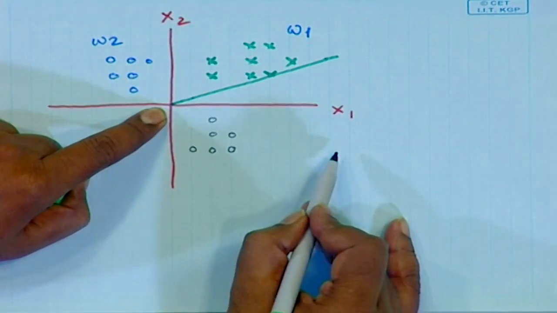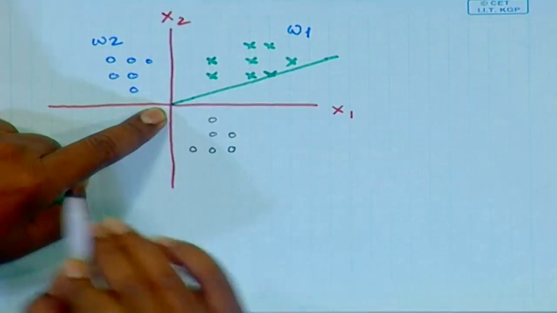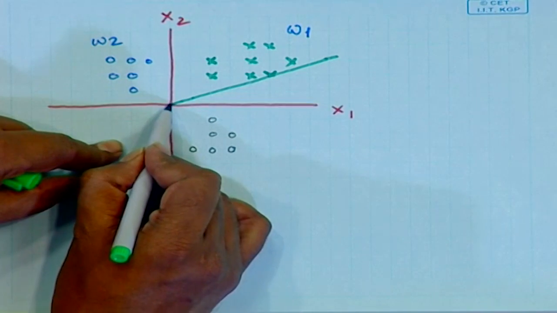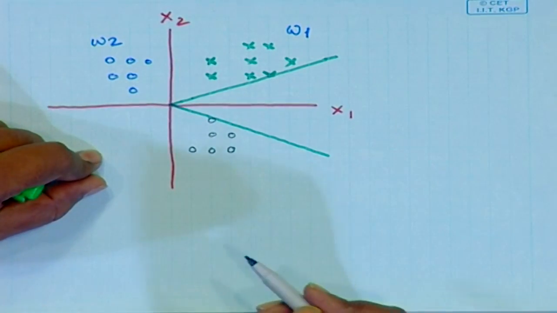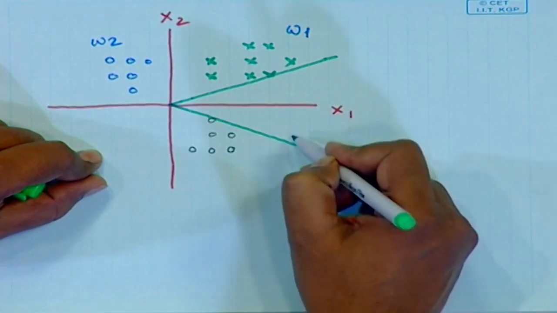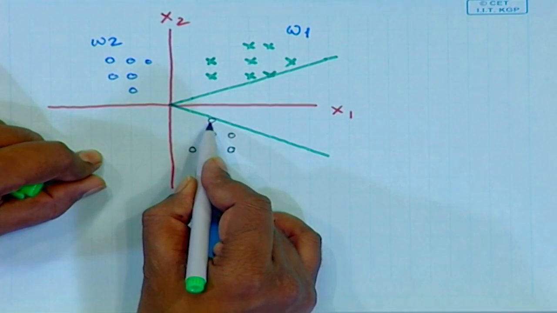I have some zone over which, even if the straight line is rotated, all the samples are properly classified until and unless I reach this particular position. The moment I reach this position, if the straight line is rotated further in the clockwise direction, then this sample is going to be misclassified.